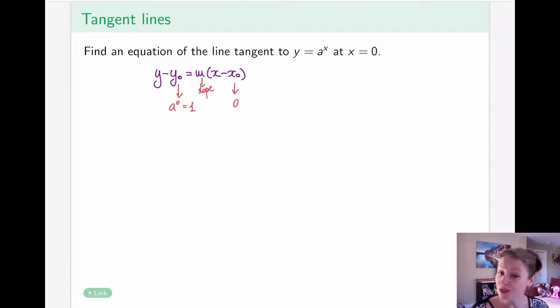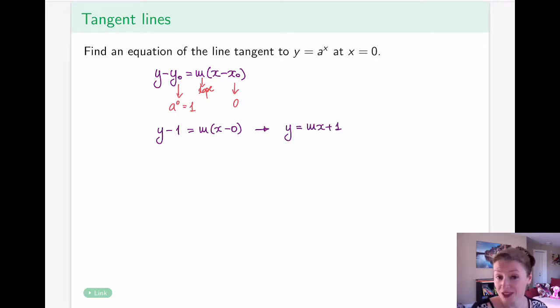Now, I don't yet know how to take the derivatives of exponential functions, so I will leave the slope value as just m. What do I have otherwise? I'm going to have y minus 1 is equal to m times x minus 0, or if I expand it out, I'm going to have y equals mx plus 1.